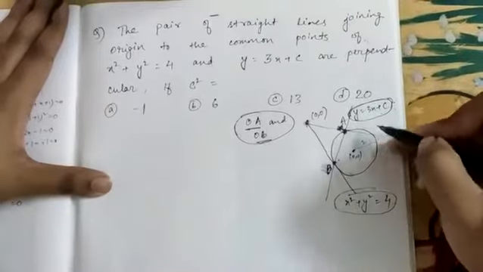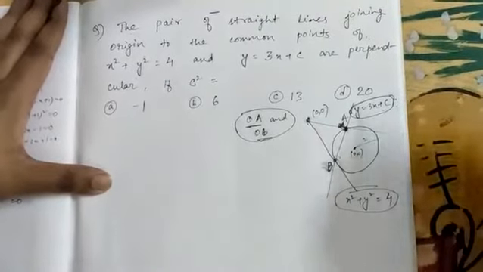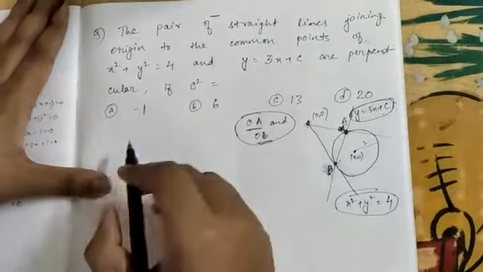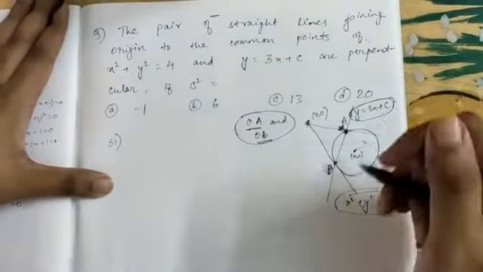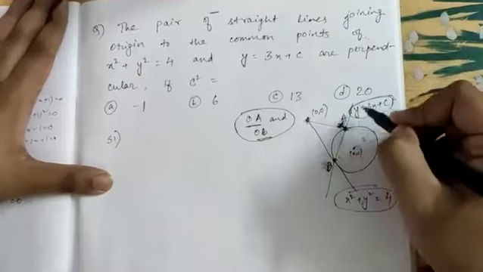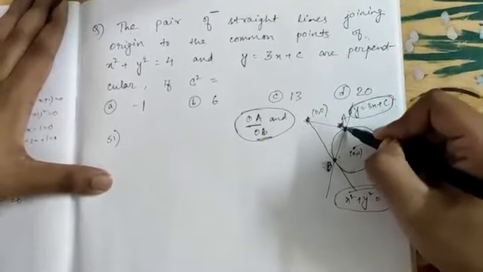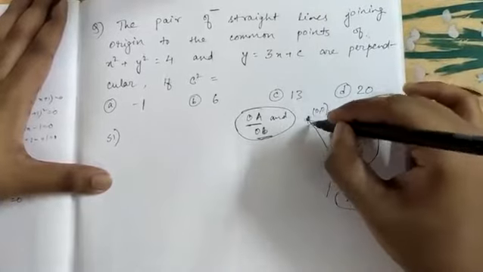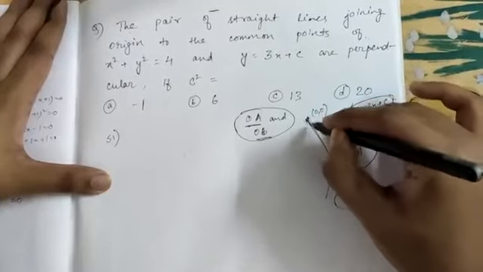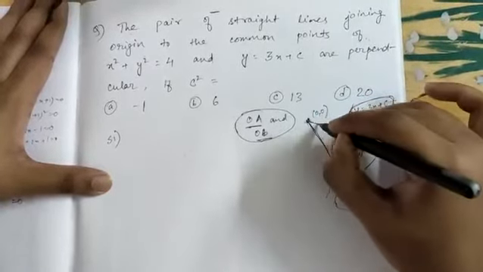In my case it's given as a circle and a straight line. So here, the question is that the two curves have some common points A and B, and from the origin I have to find the pair of straight lines passing through those two common points.